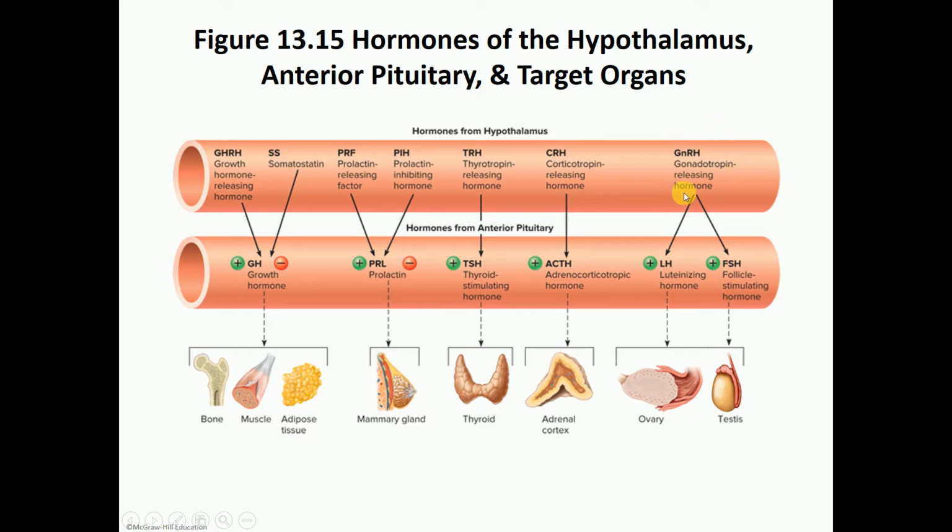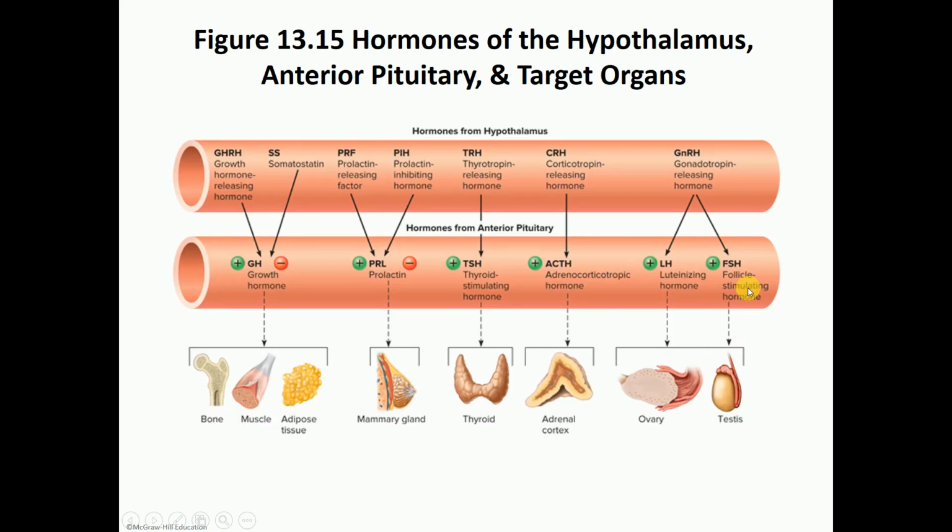Gonadotropin-releasing hormone is the last of the hypothalamic hormones that we're going to be talking about, and that stimulates the anterior pituitary to make two different hormones, either luteinizing hormone or FSH, also known as follicle-stimulating hormone. The targets of these hormones are the ovaries and the testes. So in males, there is luteinizing hormone and FSH as well.